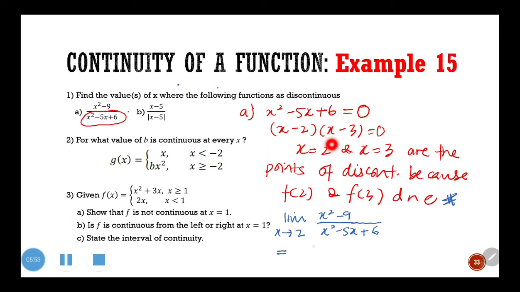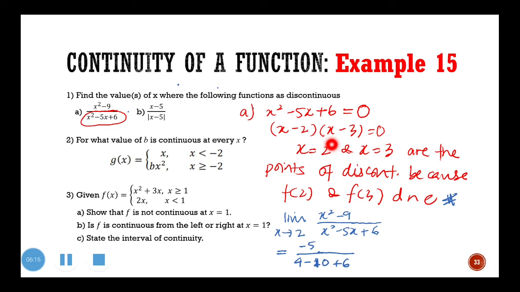You have 4 minus 9, which is negative 5, over 4 minus 10 plus 6.